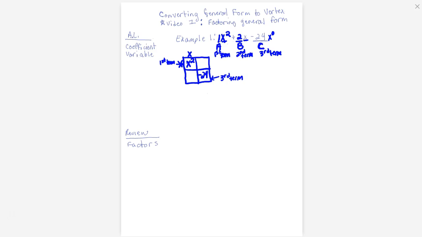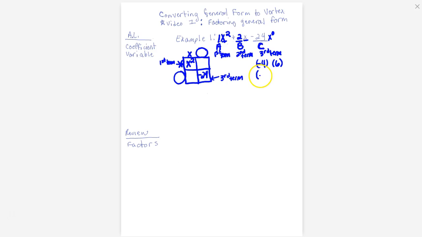Now, the rest is a little bit confusing because this is not a perfect square, okay? So what we need to start doing is finding the factors of negative 24. And what I mean by that is, remember just like the practice problems, what number times what number can give us negative 24? So let's start making a little table here. We have negative 4 times positive 6. Remember, one's going to have to be a negative and one's going to be a positive to get a negative answer.